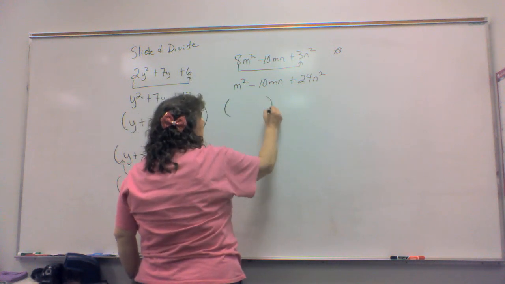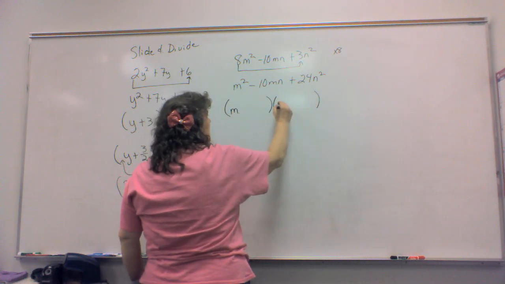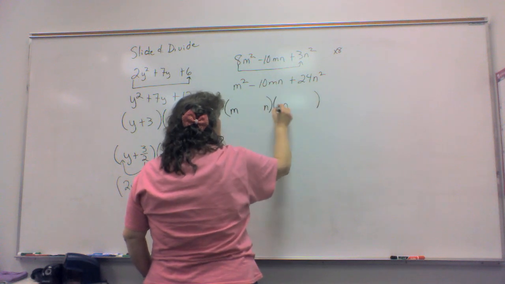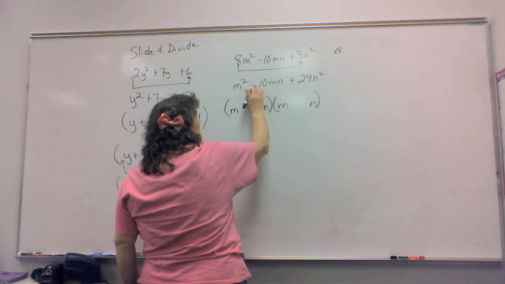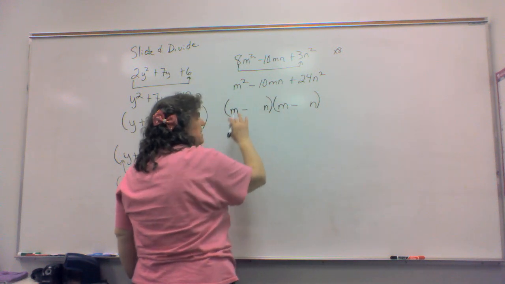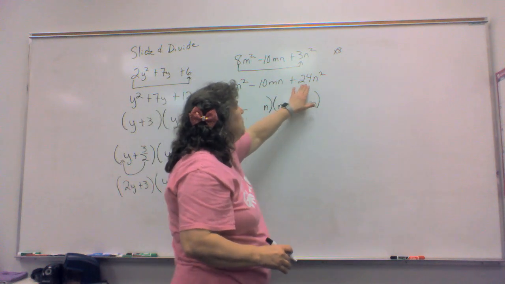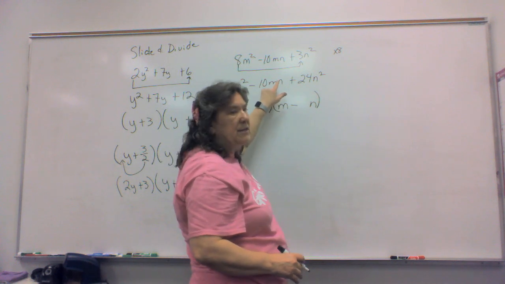So, again, let's factor that simple trinomial. M times m, and we're going to have an n times an n. Plus means the sign is the same, and we're going to subtract them this time because the middle is minus. All right? Now, factors of 24 that will add to 10.